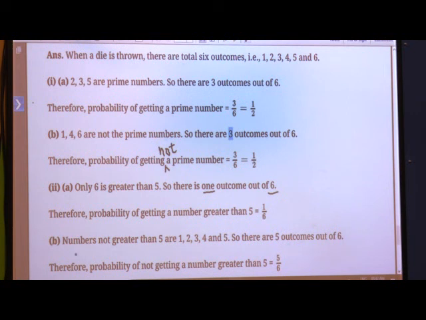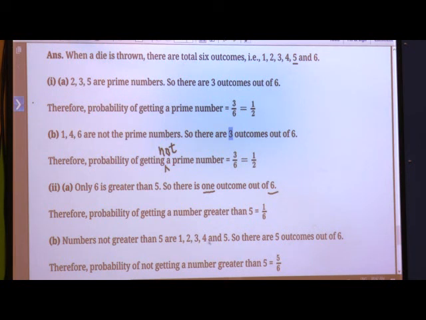Let us proceed to the next one. Probability of what? Numbers not greater than 5. Now, among 1, 2, 3, 4, 5 and 6, not greater than 5 are 1, 2, 3, 4 and 5. Now, you may ask a simple question, how 5? 5 is not greater than 5, it is equal to.